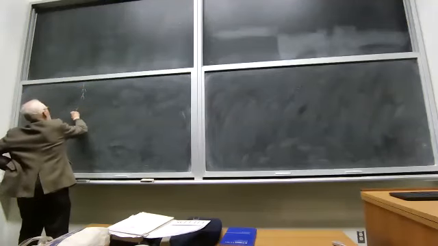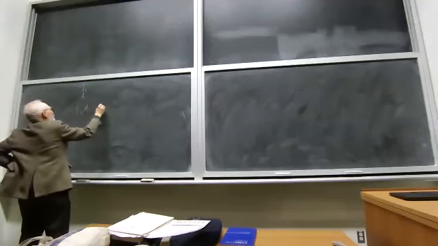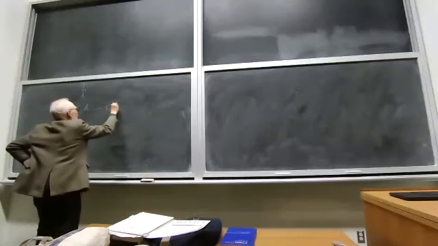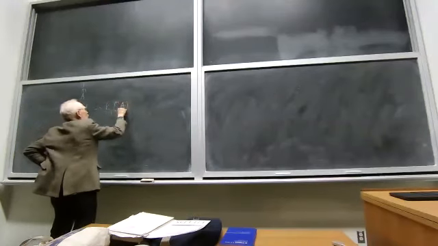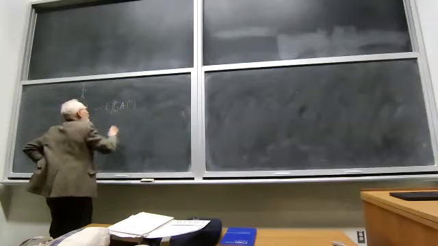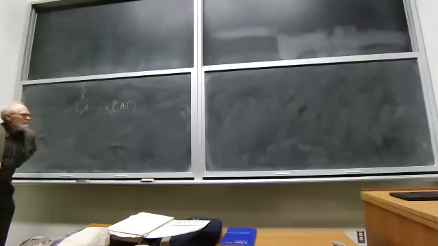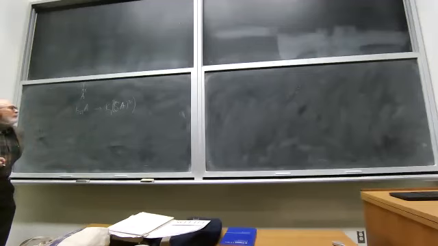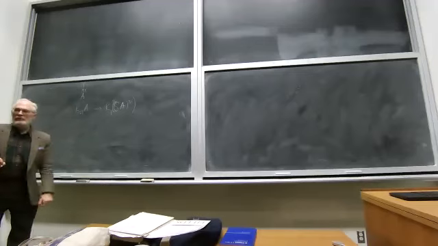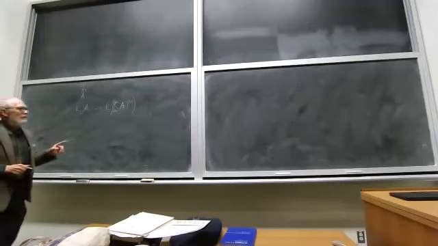Okay, so we look at K0 of A, and it was the K1 of SA. K1 is defined in terms of invertible elements, or in the C-star algebra, unitary elements, modulo connected components of the unit. And if you don't have a unit, you join a unit.